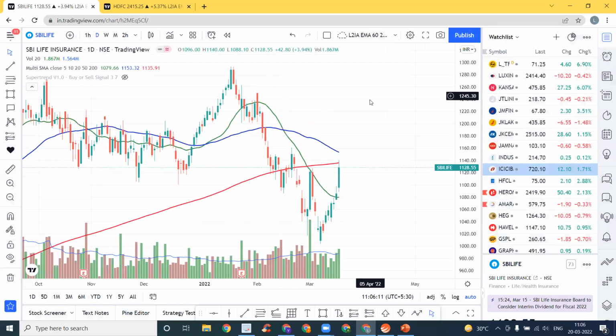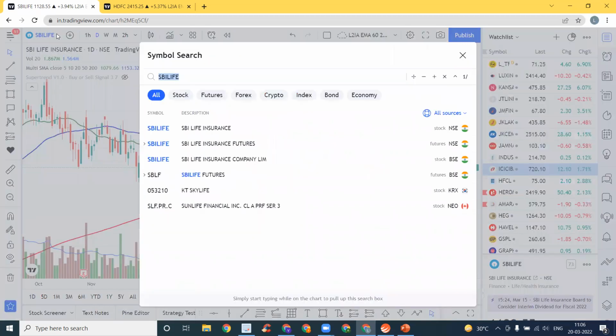See here, just above the 250 DMA, the 200 is above and the 20 is above it. So once again, it is not in a good shape, this insurance company. But you can see the green volume bars are telling me that with this increase in the price, the volume has also increased. That means there is a good amount of buying taking place at these levels.